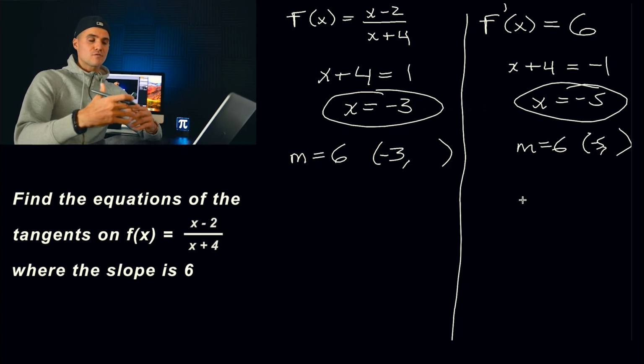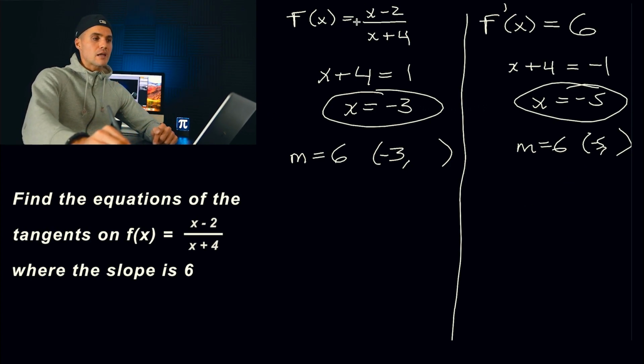We need the full coordinates to find these equations. So if we plug in -3 into the function, we'd end up with what? -5 over +1, so that would be -5. And then if we plug in -5 into the function, we'd have -5 minus 2, which is -7, divided by -1, which gives us +7, like that.